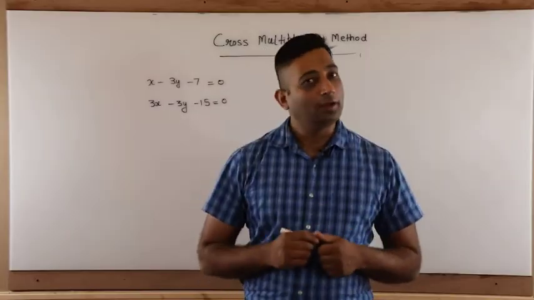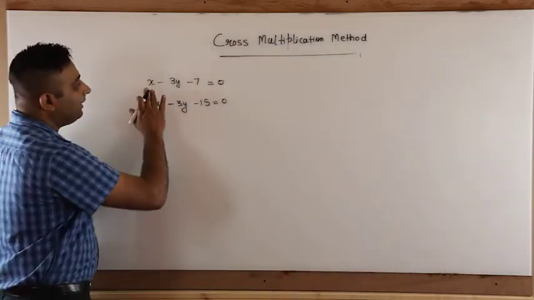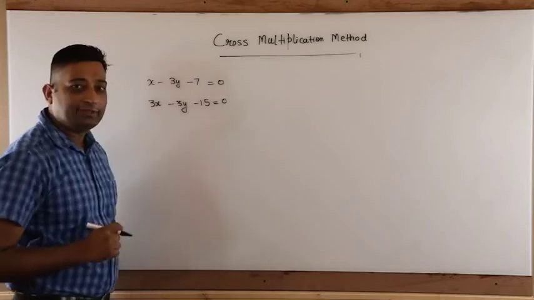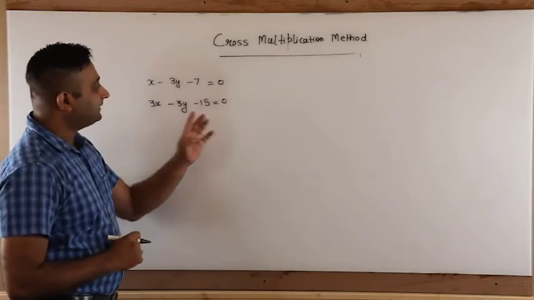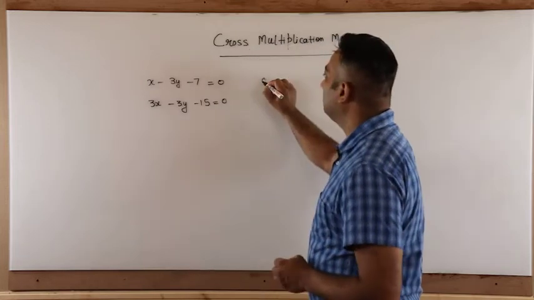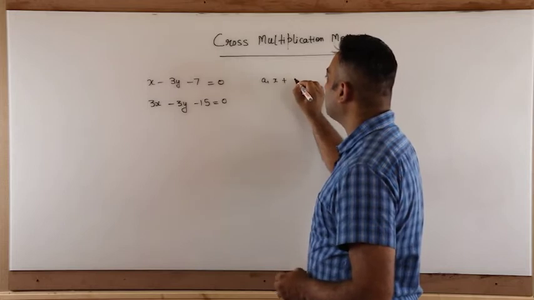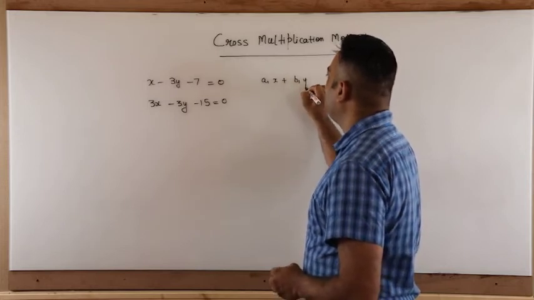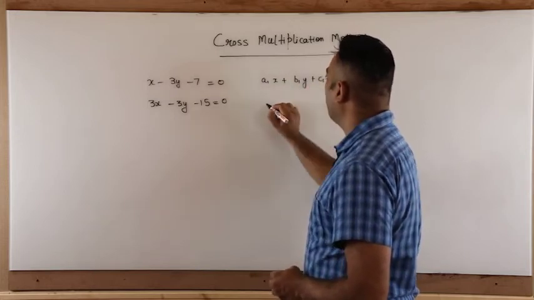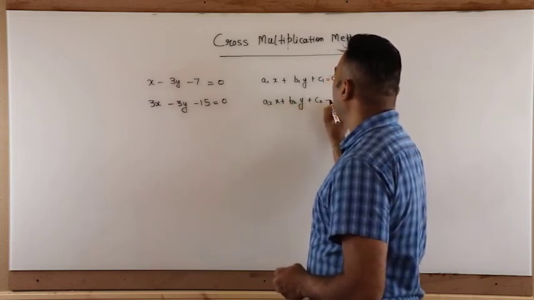Now let us solve one problem based on the cross multiplication method. The equations are x minus 3y minus 7 equals 0 and 3x minus 3y minus 15 equals 0. We can easily compare these equations with the standard forms, those are a1x plus b1y plus c1 equals 0 and a2x plus b2y plus c2 equals 0.